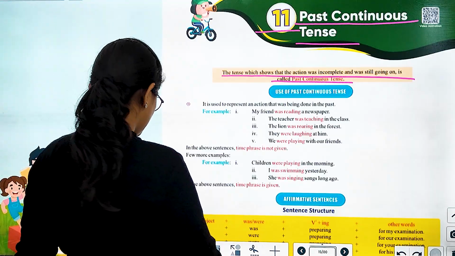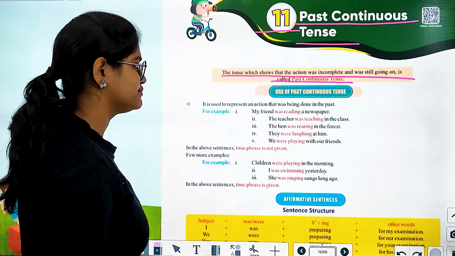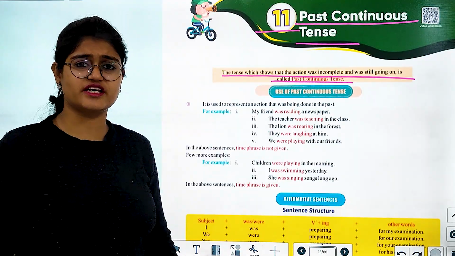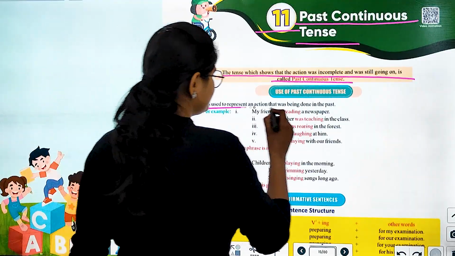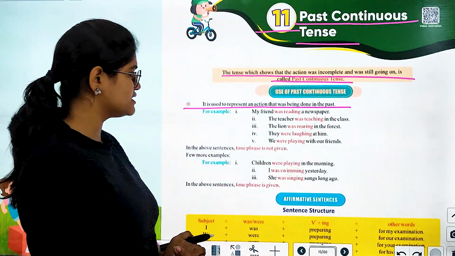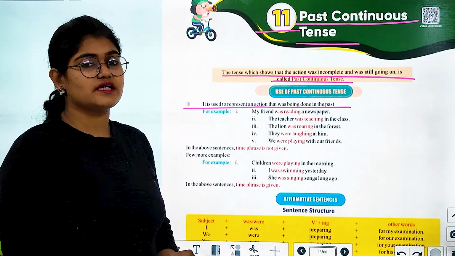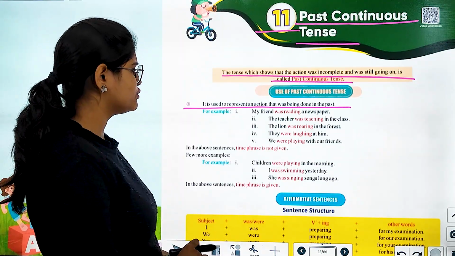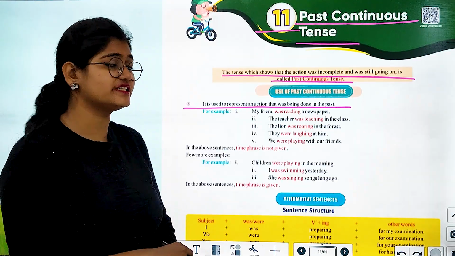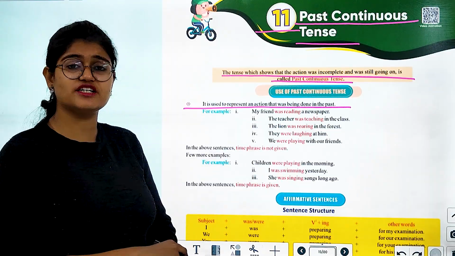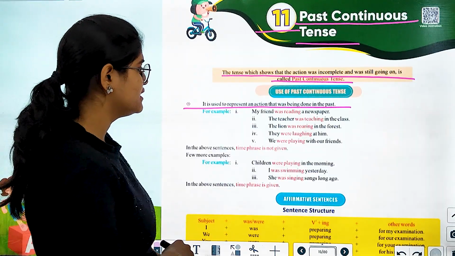So, next we have the uses of past tense. तो जल्दी से past tense के uses को पढ़ते हैं. It is used to represent an action that was being done in the past, right? So ये ऐसे actions को represent करने के लिए use किया जाता है जो कि past time में किया जा रहा था, यानी कि बीते समय में किया जा रहा था, right?